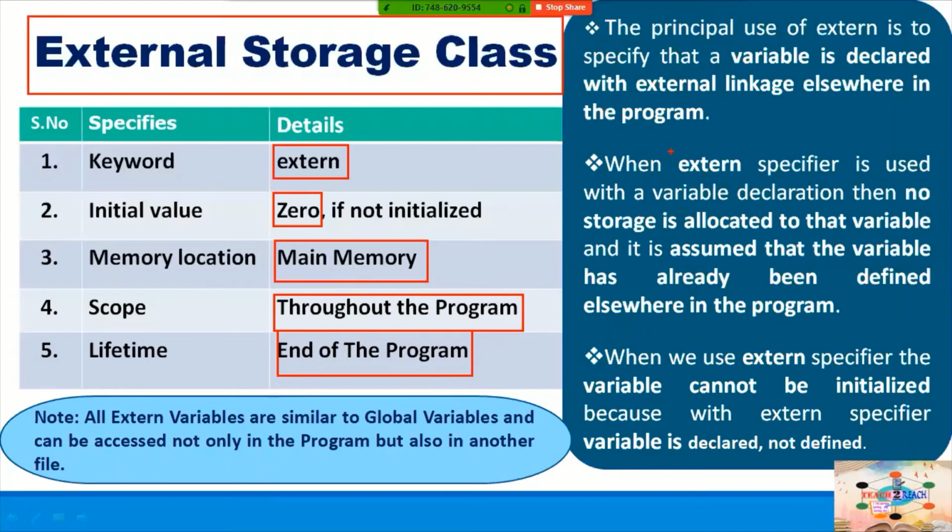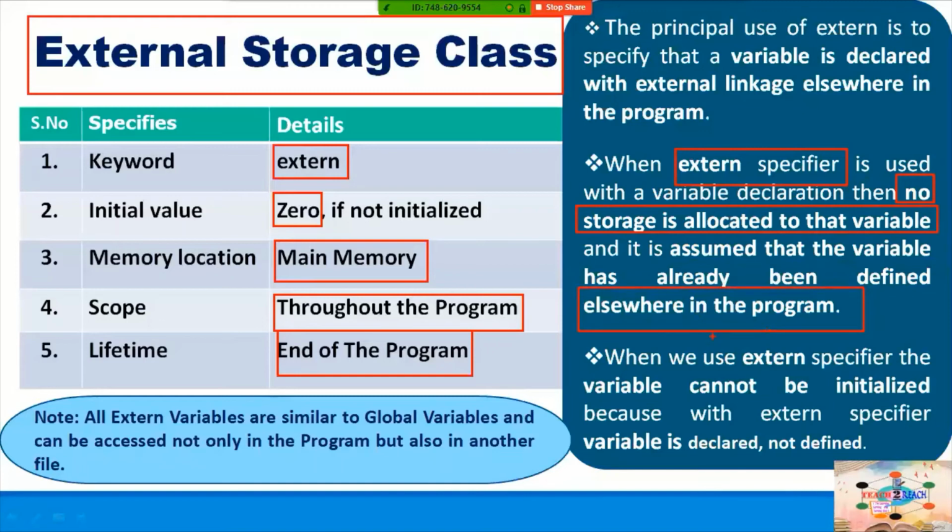Whenever a variable is declared with the extern specifier, no memory storage is allocated to that particular variable. It is assumed that the variable has already been defined elsewhere in the program.